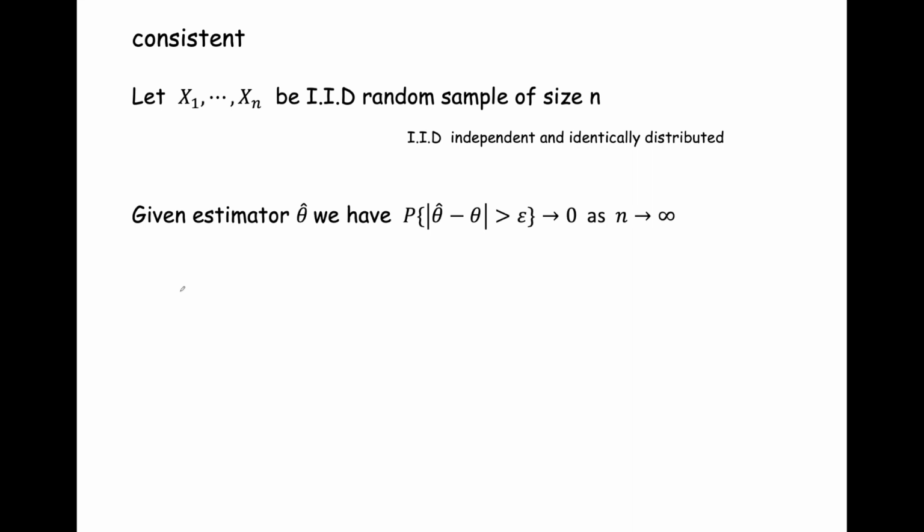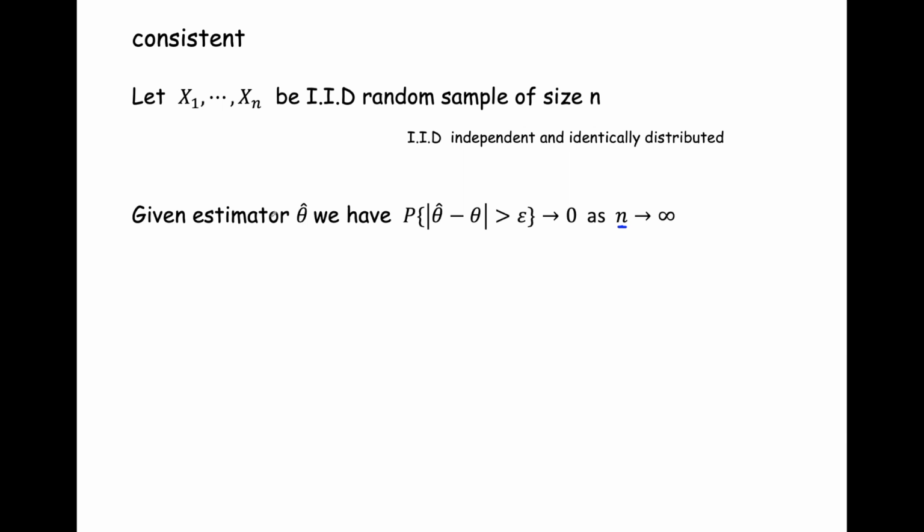Okay. So let's turn our attention to consistency. Again, we have an IID sample, x1, x2, x3, up to and including xn. To jar your memories, what consistency says is that given an estimator theta hat, in the limit, as the sample size, little n, goes to infinity, the probability that the magnitude of theta hat diverges from theta, the ground truth parameter, by more than some error epsilon goes to zero.